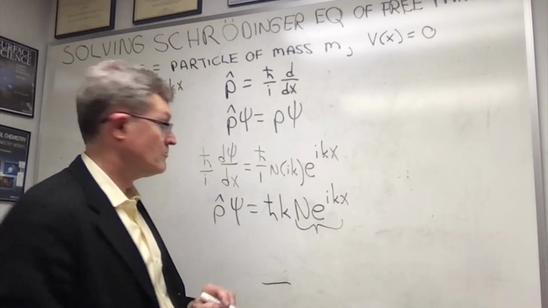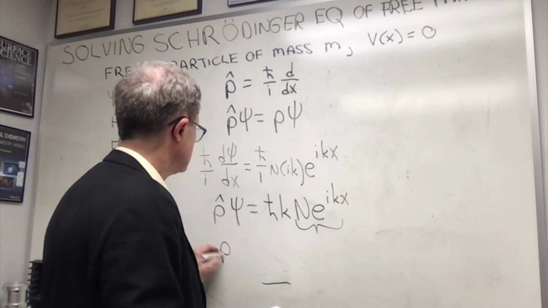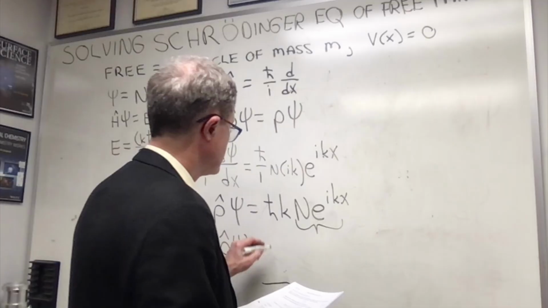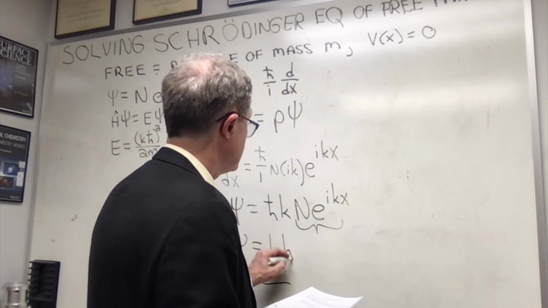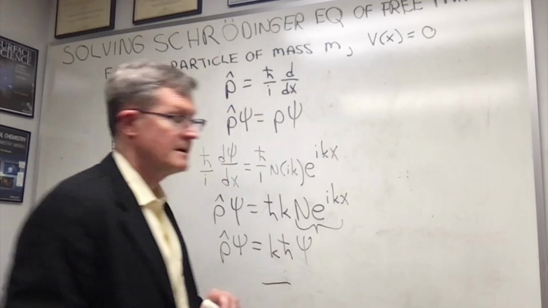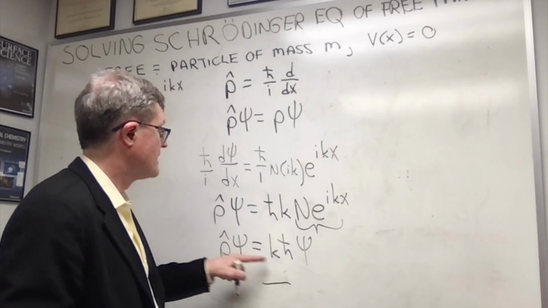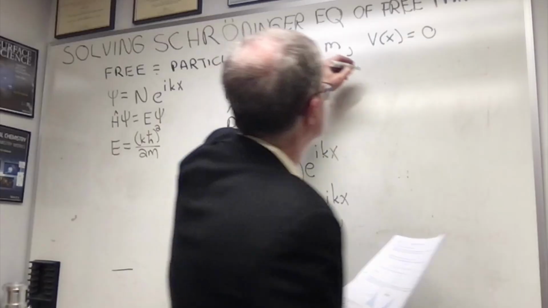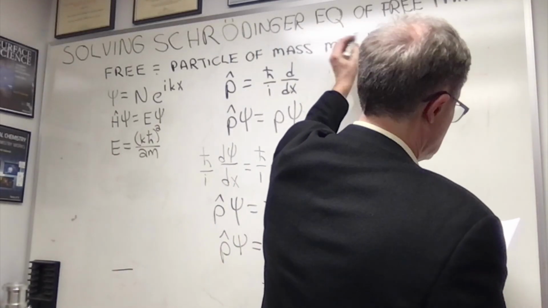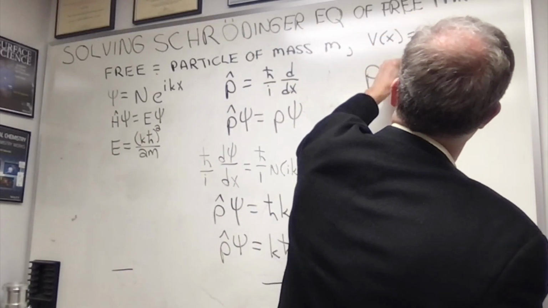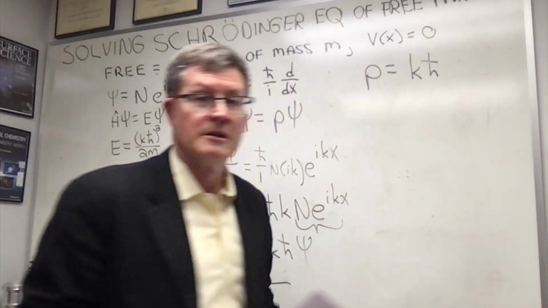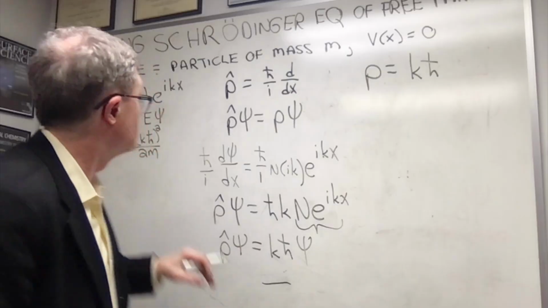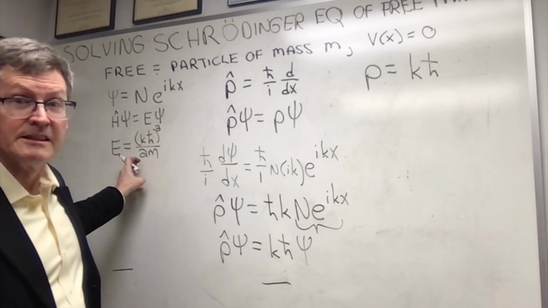That's the initial wave function. And so we end up with kħ times the initial wave function, and this must be the value of the linear momentum.